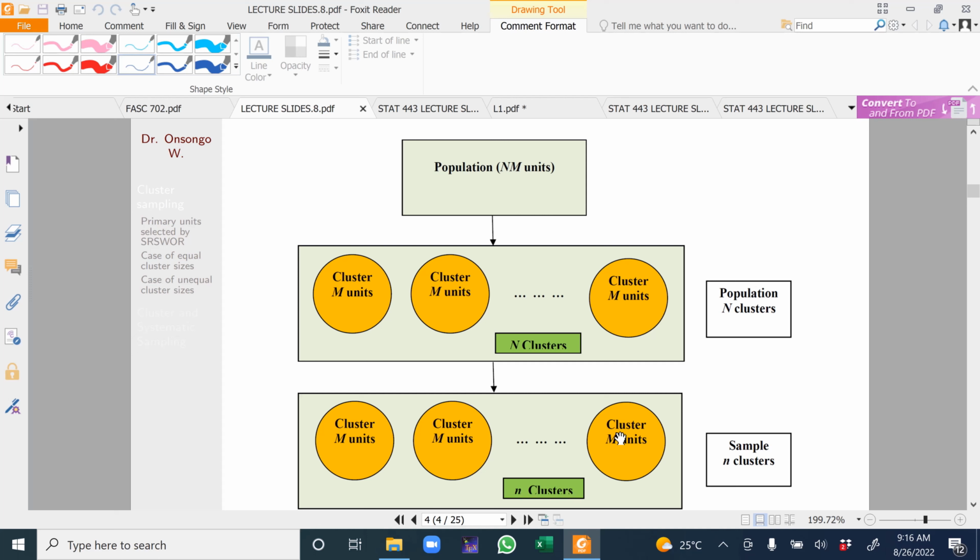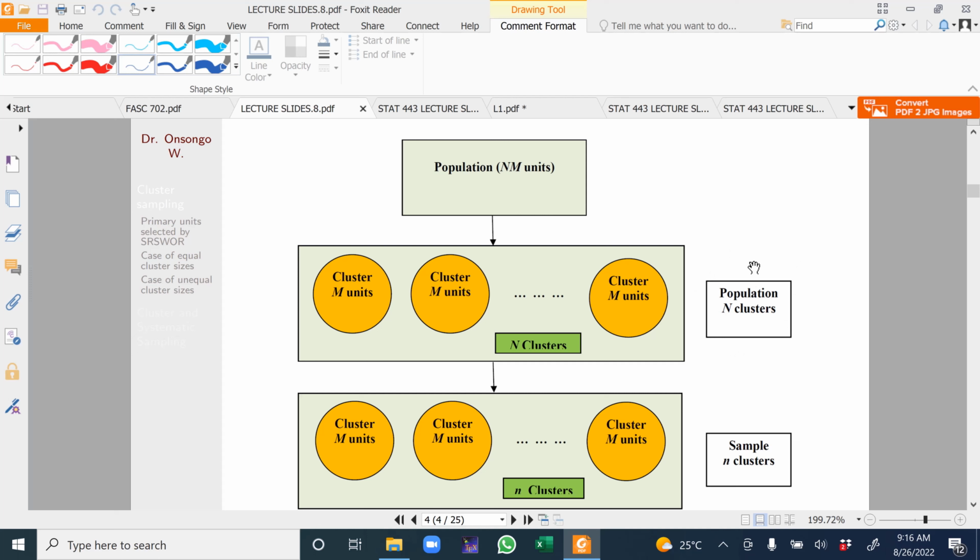Now, those 16 regions become your clusters. That means that your population has 16 clusters.